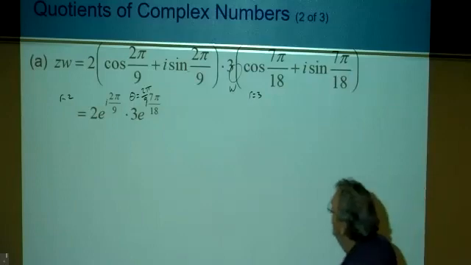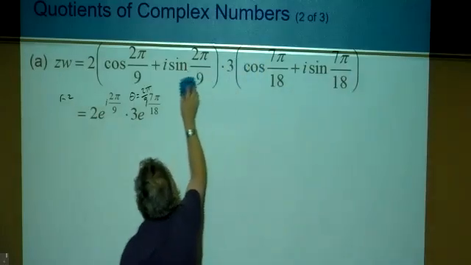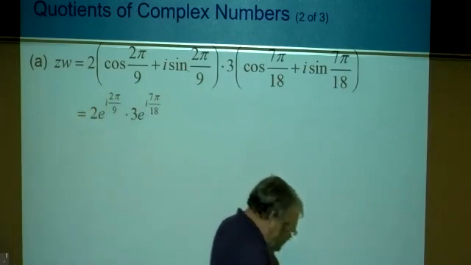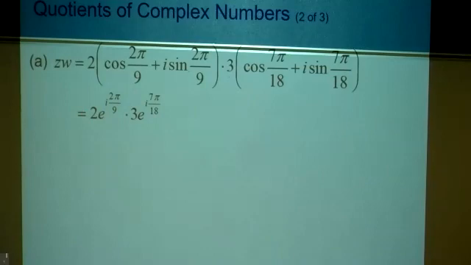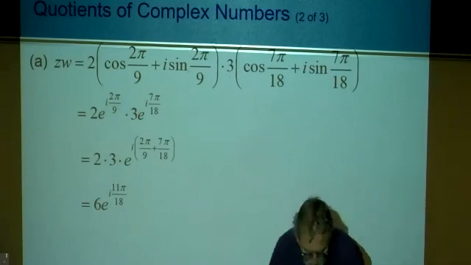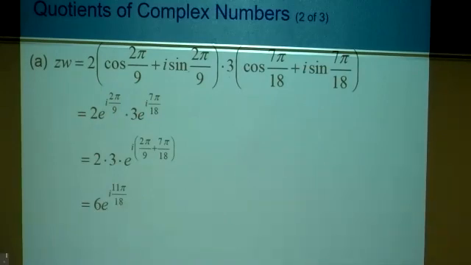Yes, they went ahead and converted the two into their exponential form. Then they added the exponents and multiplied the coefficients, and got i 11 pi over 18. At this point in your career in mathematics, you should be able to add and subtract fractions without too much difficulty.